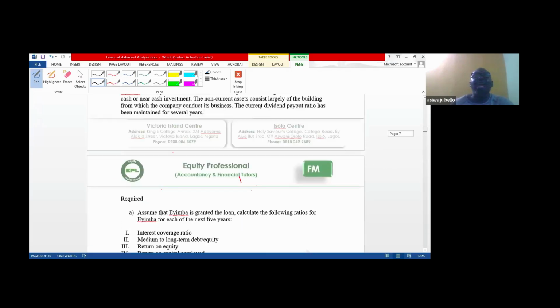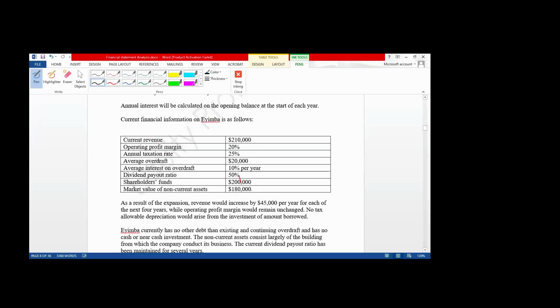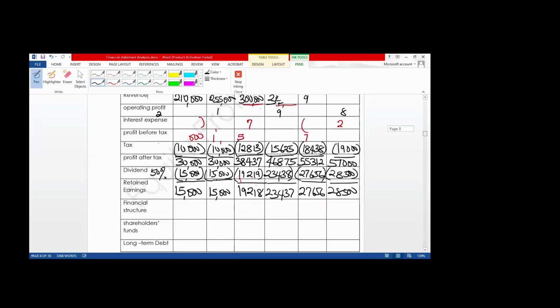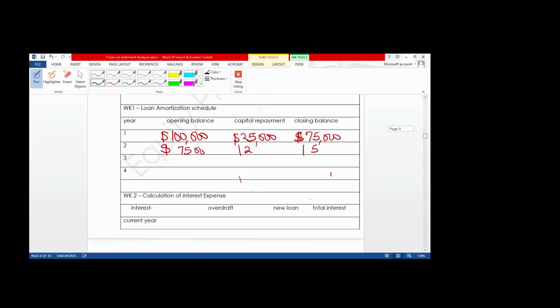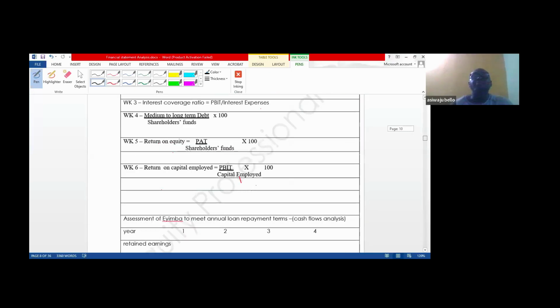What is the shareholders' funds? Currently, our shareholders' funds is $200,000. Is that not? Yes, sir. We are going to pick that.